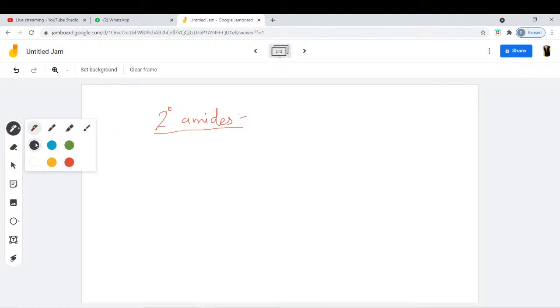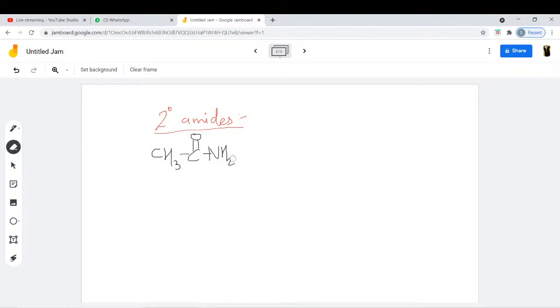Listen carefully. Here you have CH3 C double bond O NH2, whose name is acetamide, you know very well. In this NH2, one hydrogen atom is replaced by one alkyl group. So I am replacing this hydrogen and adding one alkyl group.